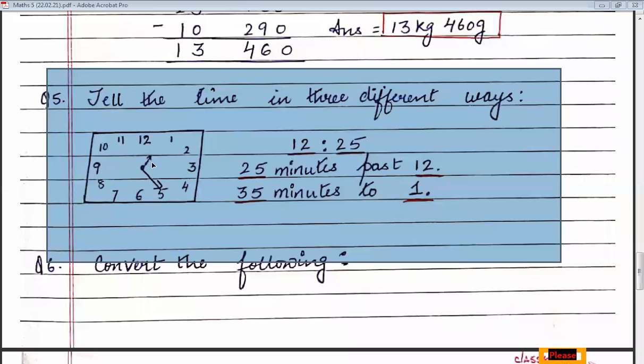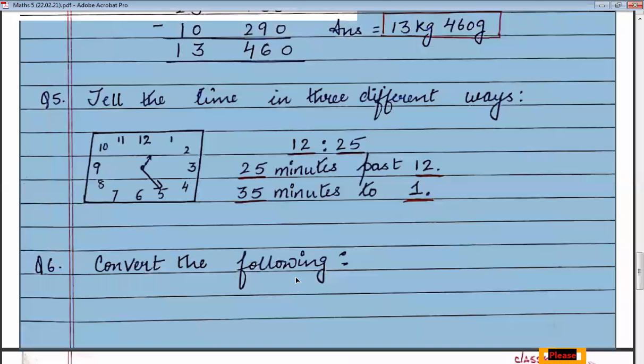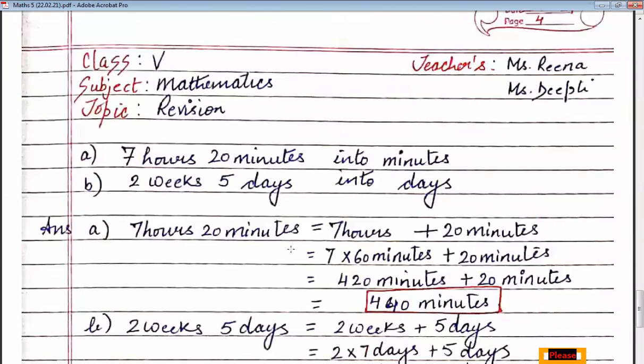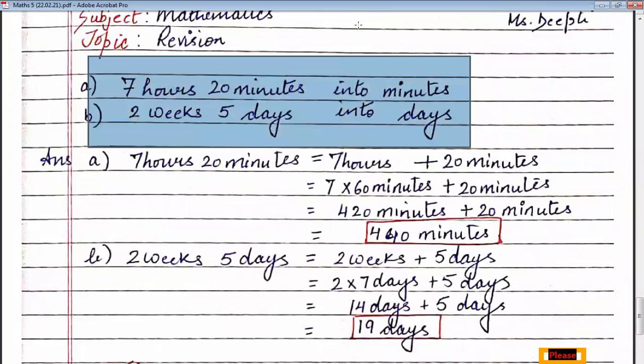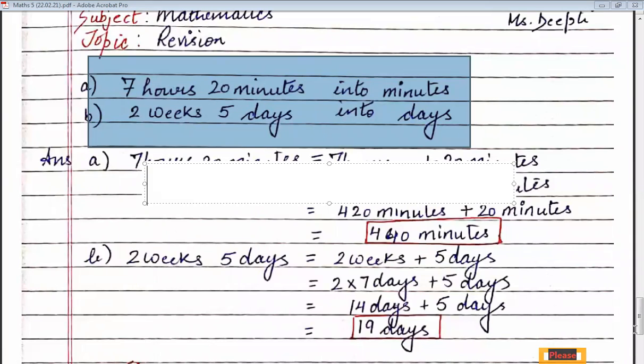Okay, now let's move on to our question 6, that is convert the following. Now the first one is 7 hours 20 minutes into minutes. Now children, you have to convert 7 hours 20 minutes into minutes. So 1 hour is how much? 60 minutes.